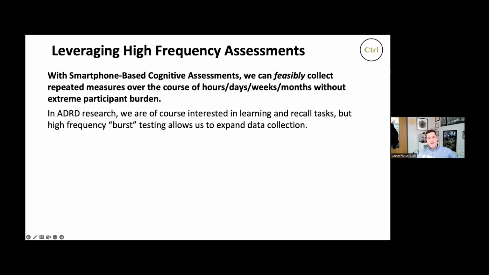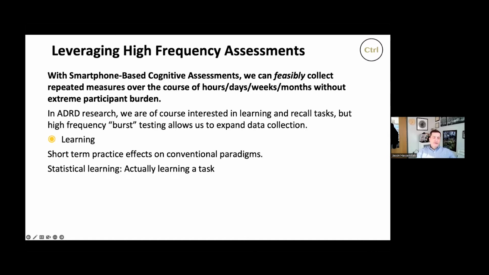Specifically in ADRD, where we're really interested in learning and recall tasks, I think we can expand the way that we collect data by taking advantage of smartphones, not necessarily by having people on the phone all day, every day, but doing it in little short snippets over extended periods. That's what I mean by high frequency burst testing: sampling people at different times of day, randomly, using principles from ecological momentary assessment.